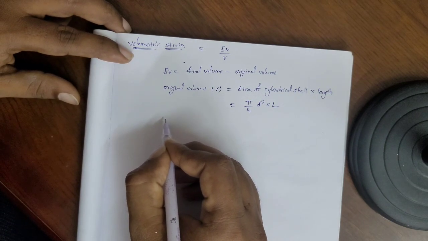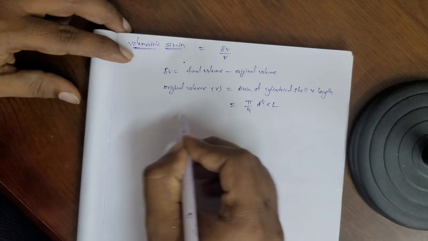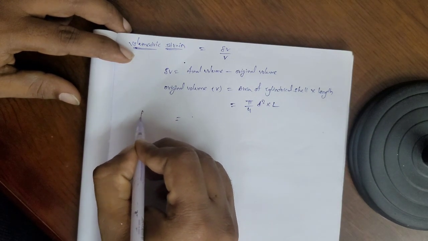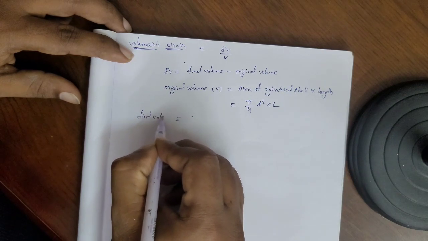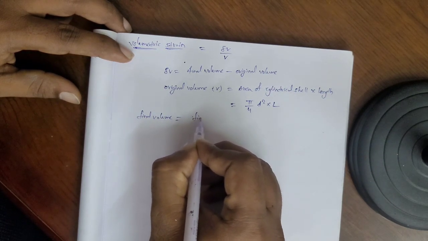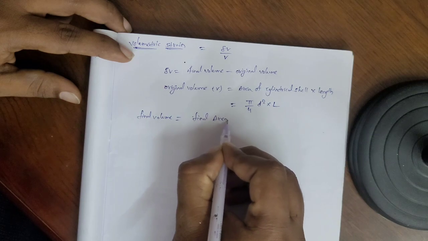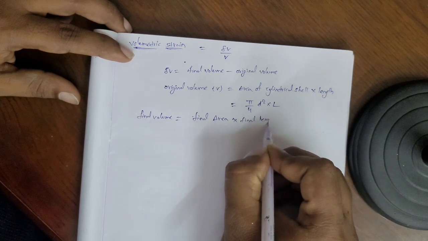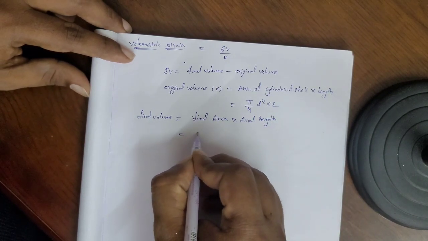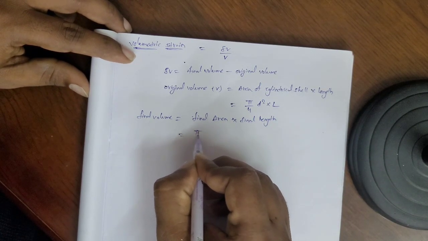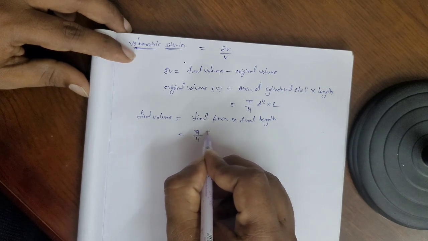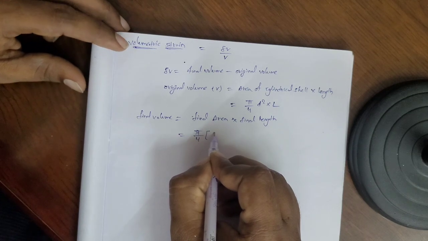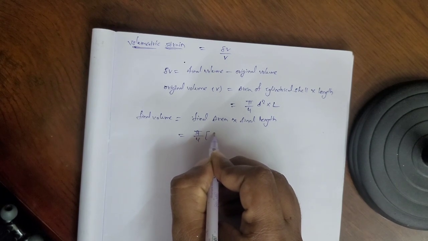So the final volume can be found as final area into final length. Here the final area is pi by 4, and the diameter and length should be expanded in volume.